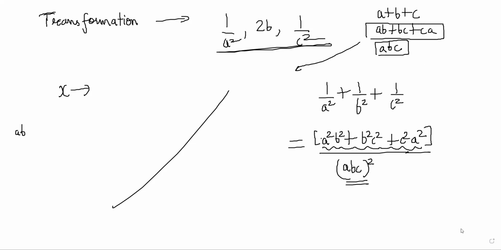Because we have discussed this. Suppose the equation is x cube minus px square plus qx minus r. We have written the Vieta relations. What is a plus b plus c? It is p. It starts from this side with a minus sign.